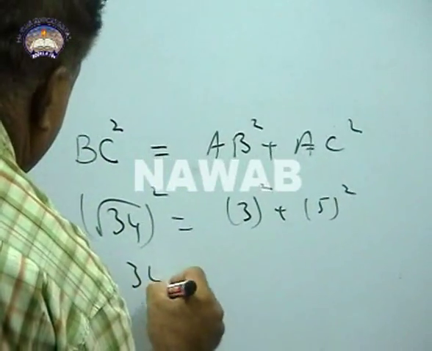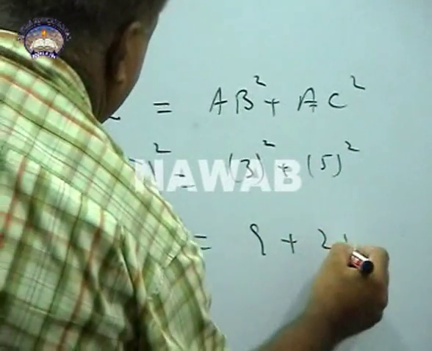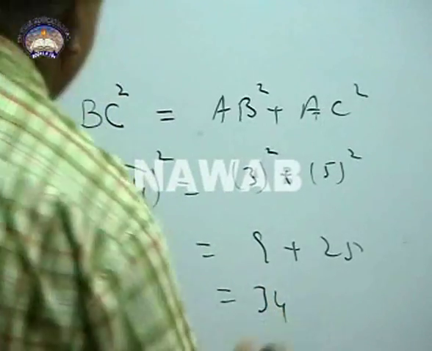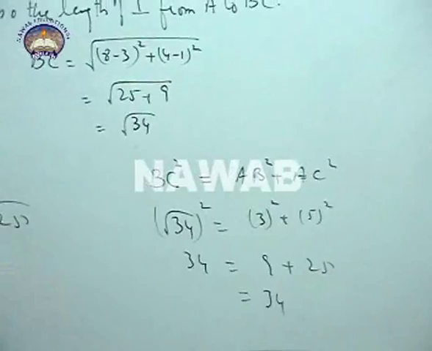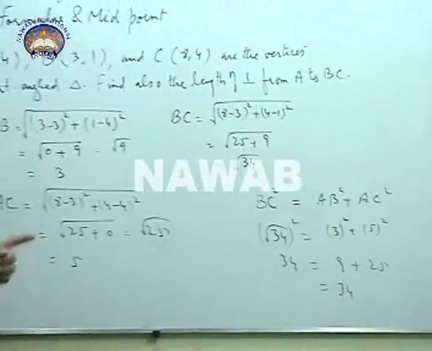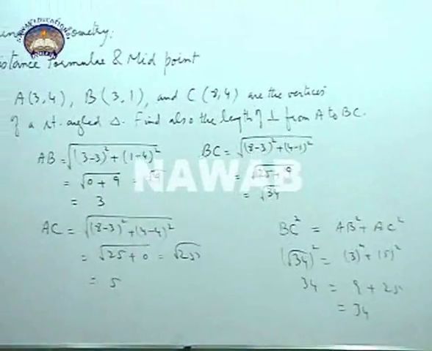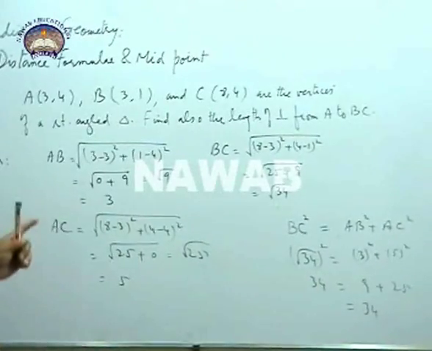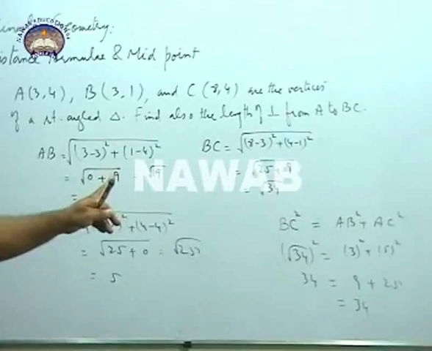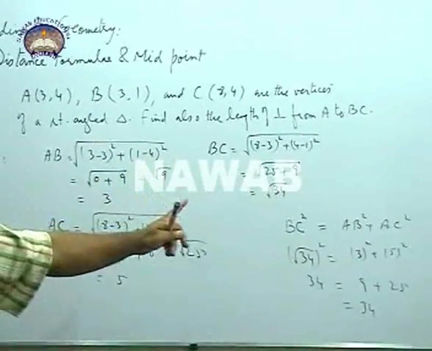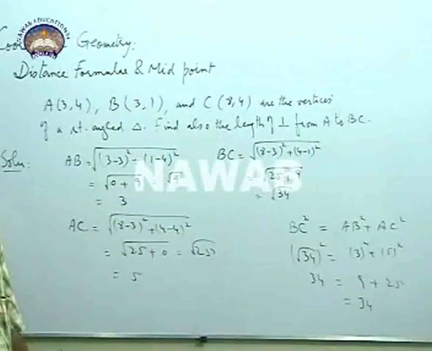So 34 is equal to 9 plus 25, and this is also 34. So it verifies that these are the lengths of a right angle triangle, and in this right angle triangle BC is the longest side, and this BC will be considered as hypotenuse.